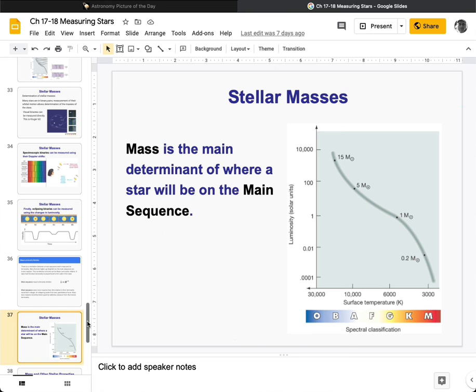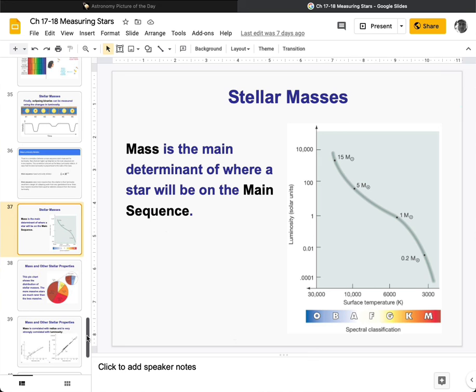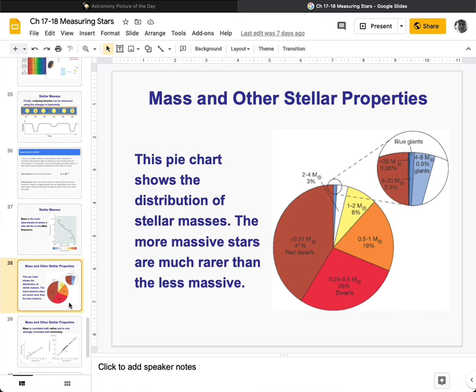That's actually our next chapter. And then you'll notice this is 2/10 the mass of the sun, 1 times the mass of the sun, 5 times the mass of the sun, and 15, and they're all main sequence stars. So, if you have these different pieces of information and you know that they're main sequence stars, you can plot them on this sort of chart and figure it out.